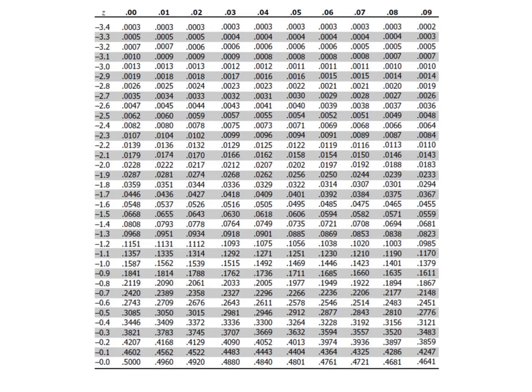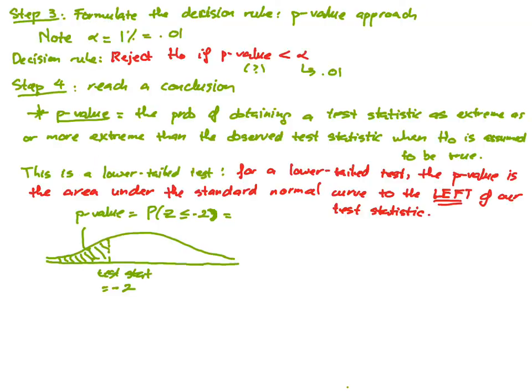So you go to the standard normal table, look at row -2.0, and then look under column 0.00. That gives you a probability of 0.0228. That means that our p-value in this case is equal to 0.0228.